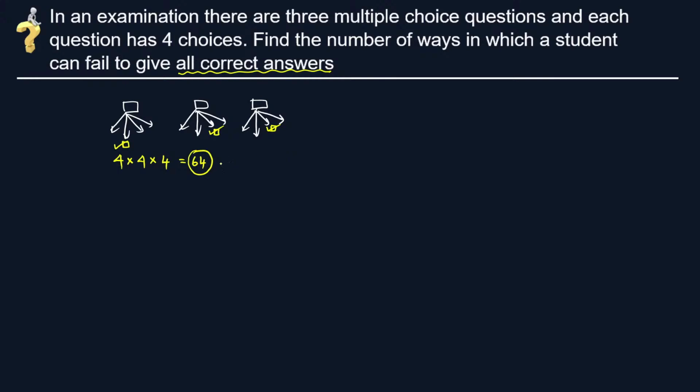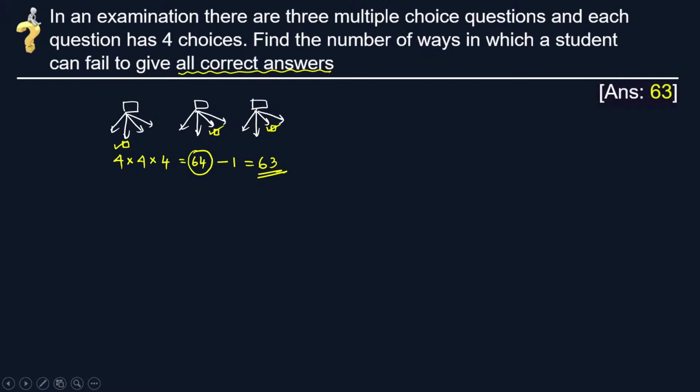So I must subtract that option from the total to get the number of ways of answering these 3 multiple choice questions, having 4 choices each, in which the student will fail to give all correct answers. Is it clear to everyone? Have you understood this? Okay, so let's move to the next problem.